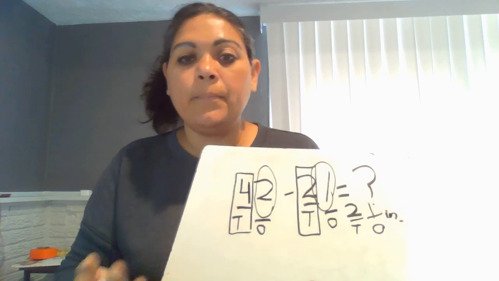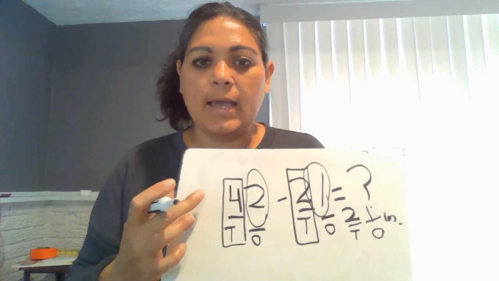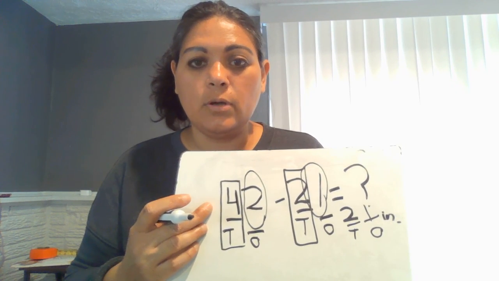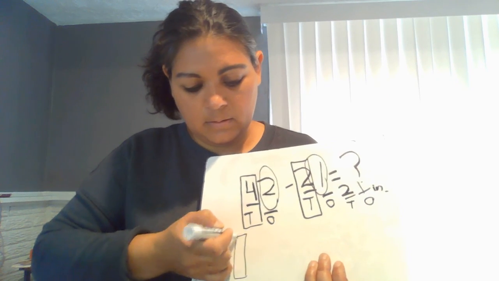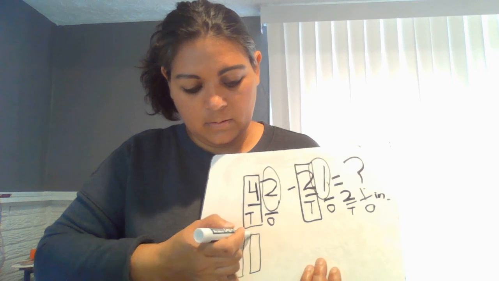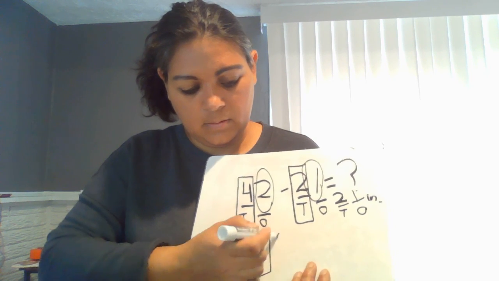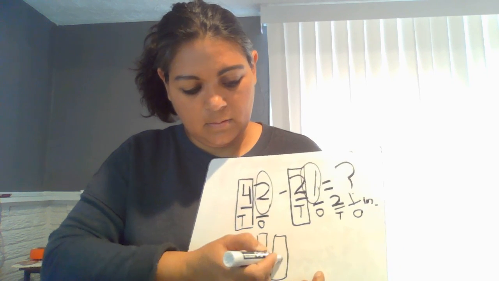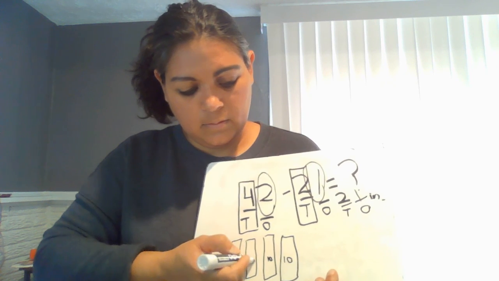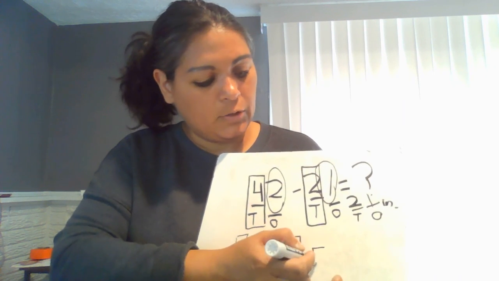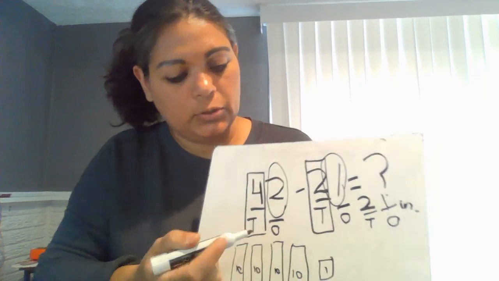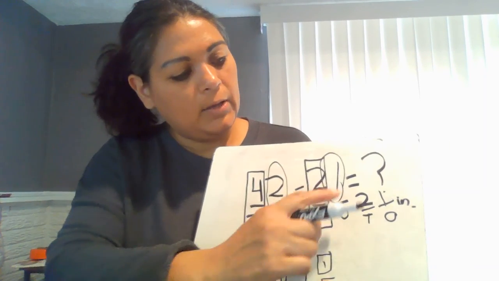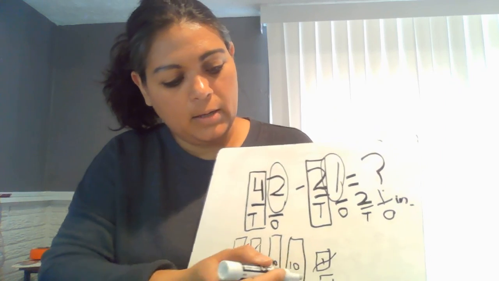So our answer is 21, and don't forget your units of measurement that's in the word problem: 21 inches. If you wanted to use base 10, you can show your 42 with your 4 tens and your 2 ones. And then you can take away your 2 tens, and you can take away your 1 one.